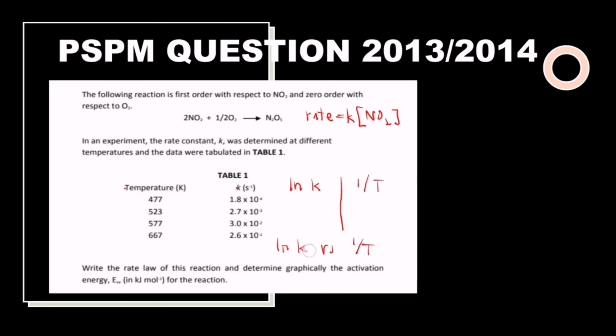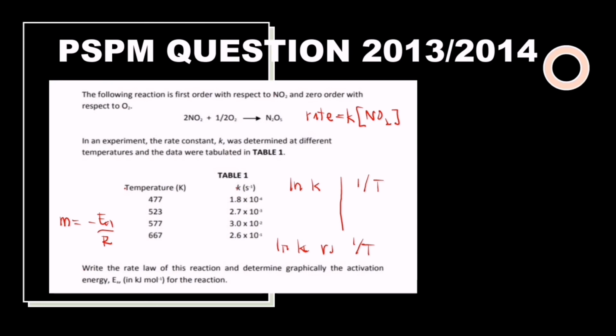So sama macam contoh tadi, awak dah plot data dalam graph. So awak akan dapat straight line graph with negative gradient. So kita akan dapatkanlah the value of gradient and the gradient nanti kita akan dapatlah the gradient is equals to negative EA over R. So kita boleh dapatlah the value of activation energy.